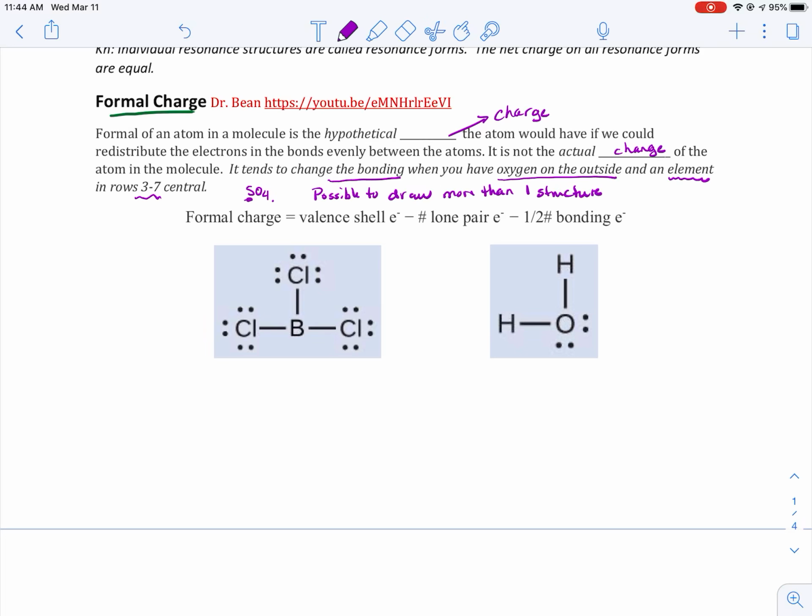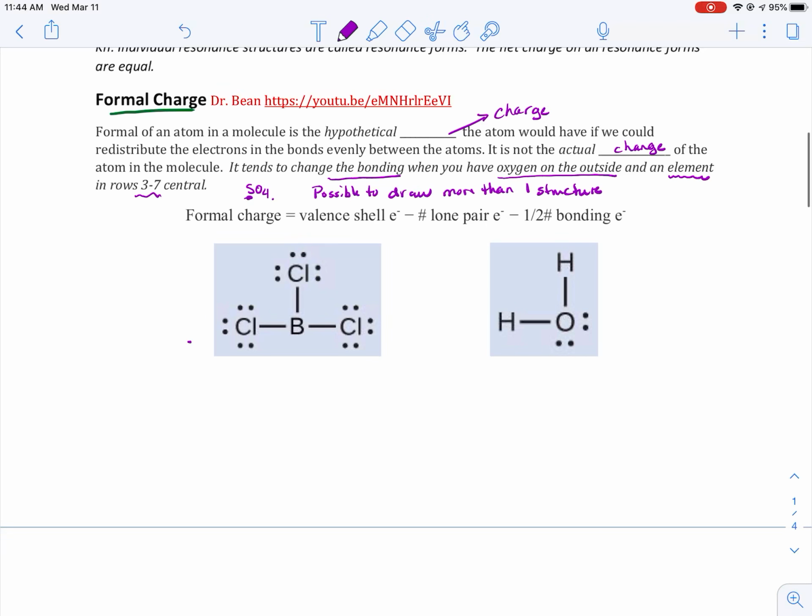The formula looks like a complicated formula, but it's actually not complicated at all. For formal charge, you're going to do it for every atom in a compound. So, for example, for the chlorine, the valence shell electrons for chlorine, it's in the 7th column, so it's 7, minus, and now it's talking about the lone pair electrons. So this is all of the lone pair electrons.